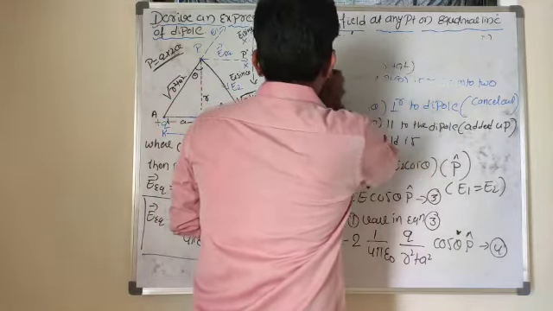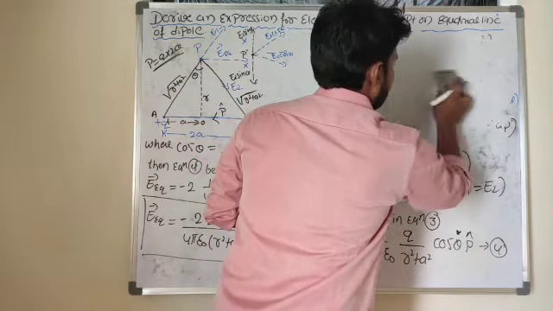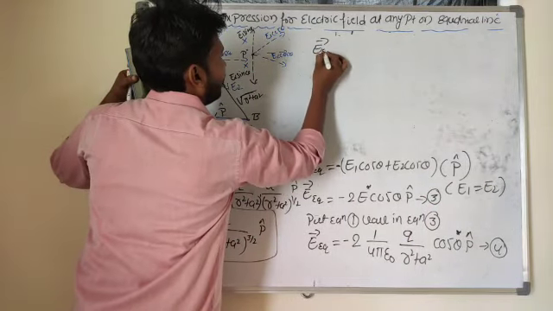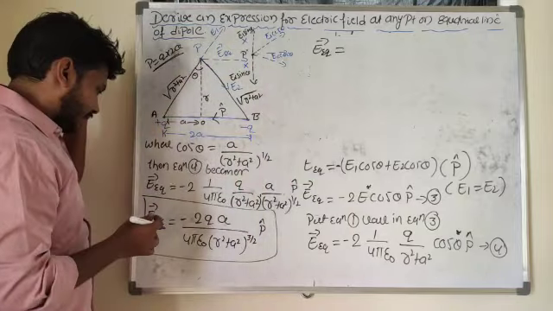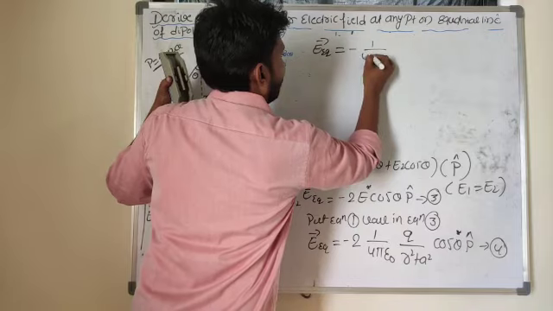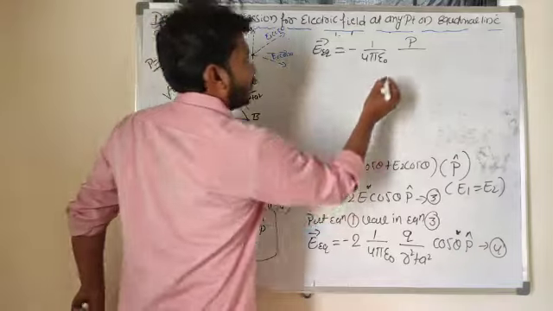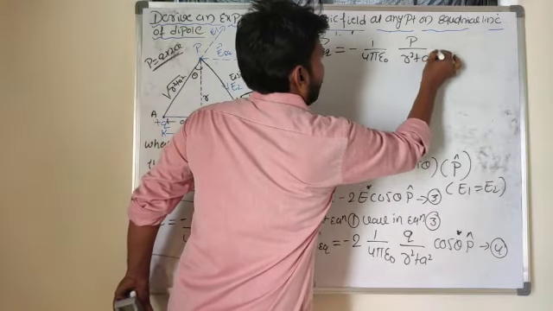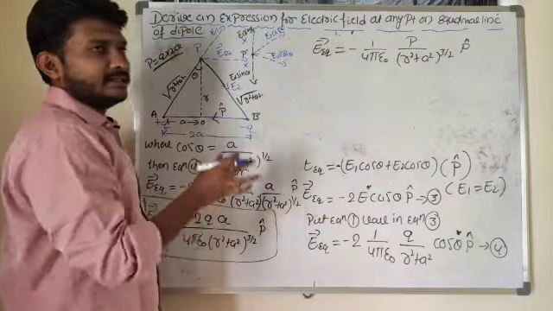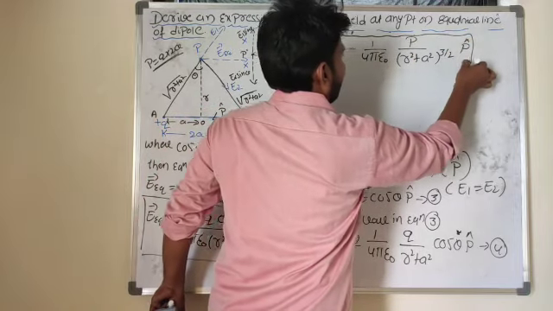Finally I will write this equation: 2 times q into a is there, so electric field at equatorial, that is equal to, 2qa is nothing but the dipole moment, minus 1 by 4 pi epsilon naught p divided by (r square plus a square) whole to the power of 3 by 2 into p cap. This is the final equation for electric field at equatorial line.